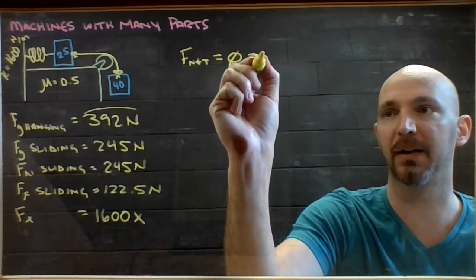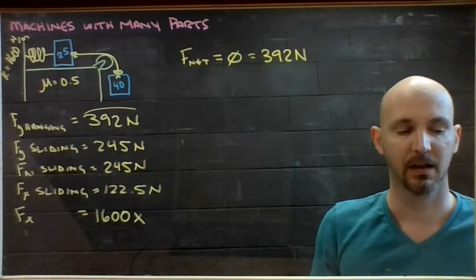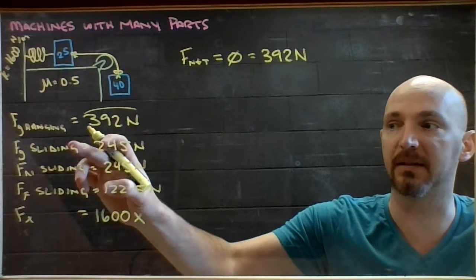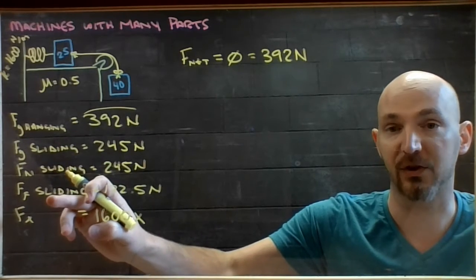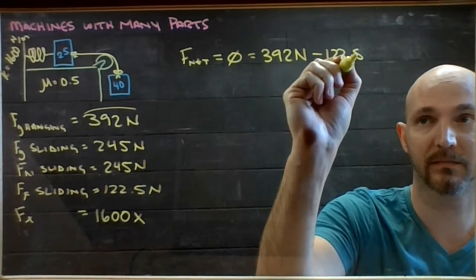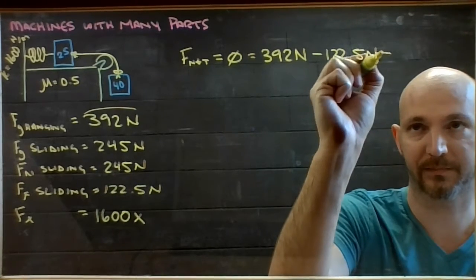So I'm going to put in my 392 newtons there. Now, in order to zero out, that force has to beat the friction from the sliding block, and it has to beat the pull from the spring.